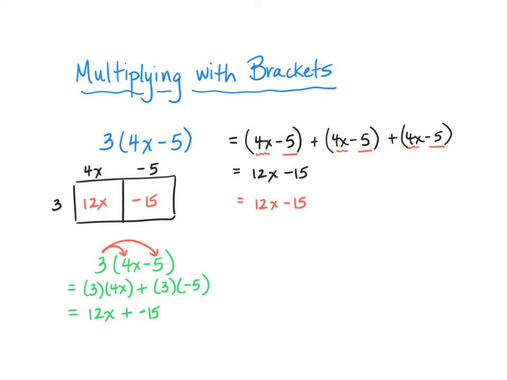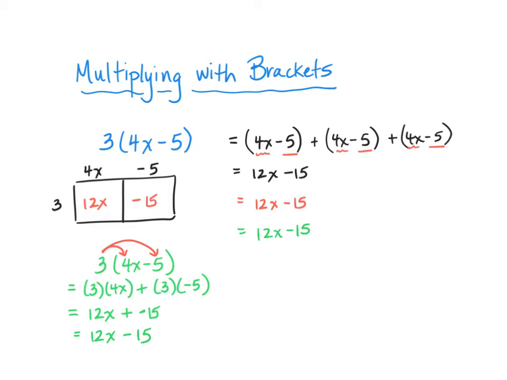Now we notice that we're having 12x plus negative 15, that's a little bit cumbersome. So we could, of course, rewrite this as simply 12x minus 15. So we notice that the 3 different ways to visualize our thinking and communicate our thinking, of course, give us the exact same answer. You're able to choose whichever one works best for you.